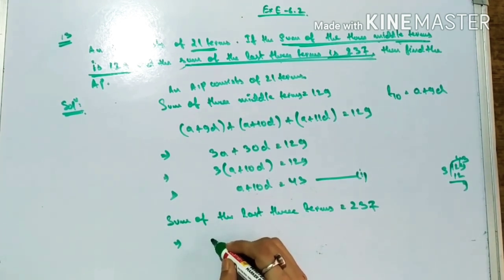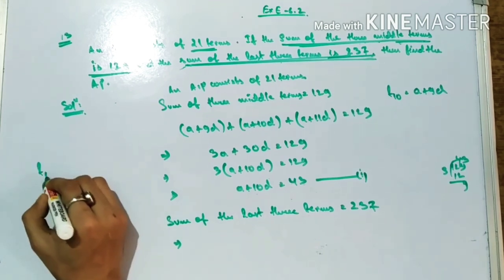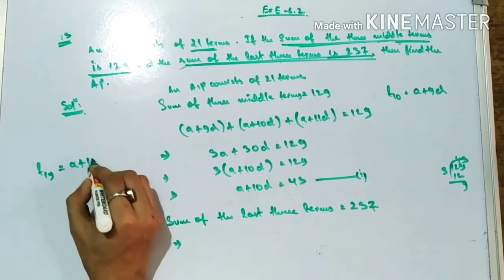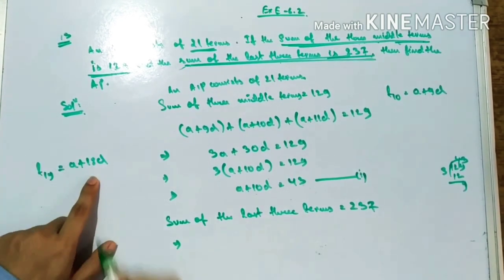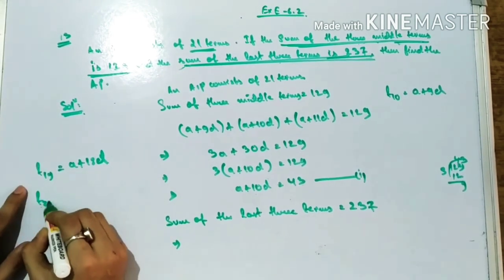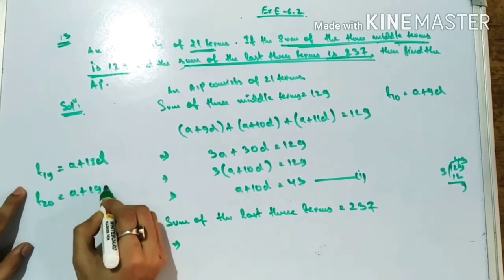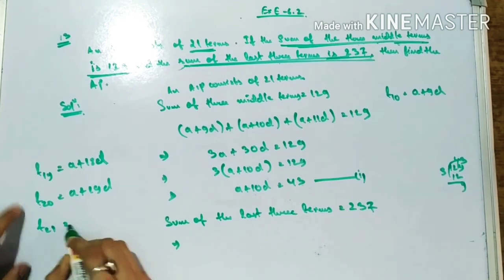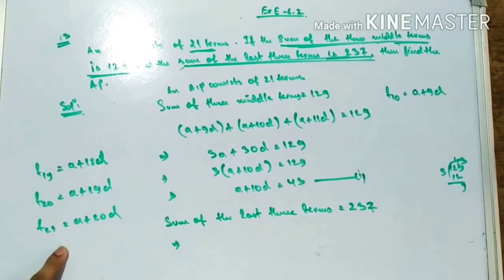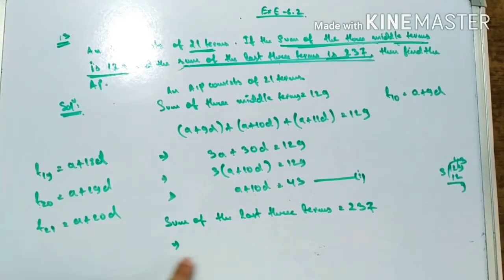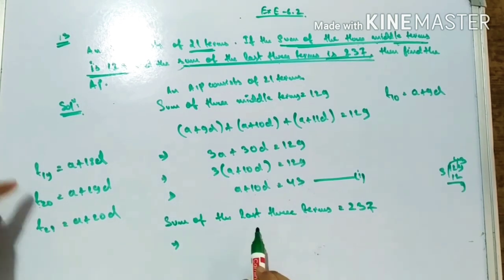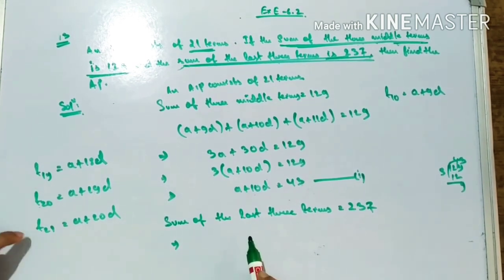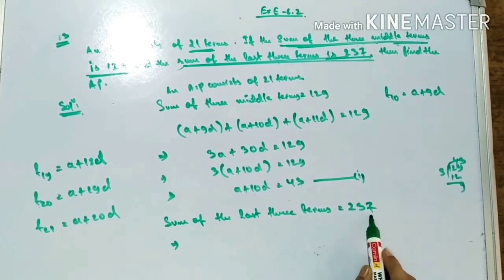The 19th term, T19, I can write as a plus 18d, and the 20th term as a plus 19d, and the 21st term as a plus 20d. So the sum of the last three terms is given as 237.